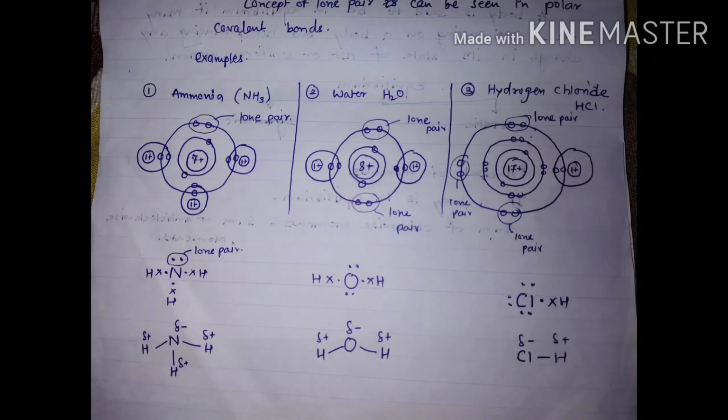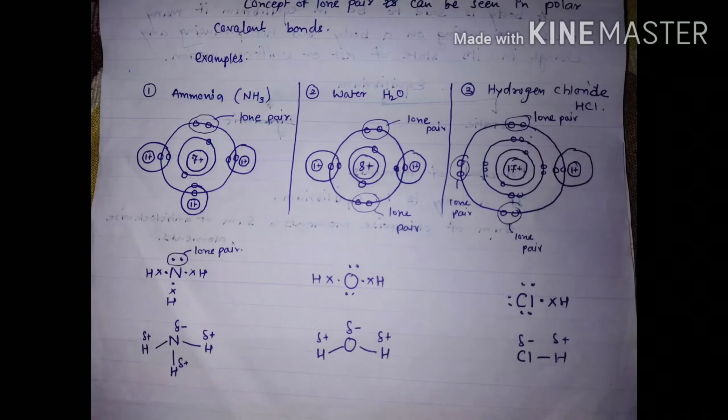These lone pairs of electrons actually produce polarity, or make the compound polar, as on whichever atom the lone pair of electrons is present, that atom becomes partially negatively charged, because the lone pair attracts the other electrons.